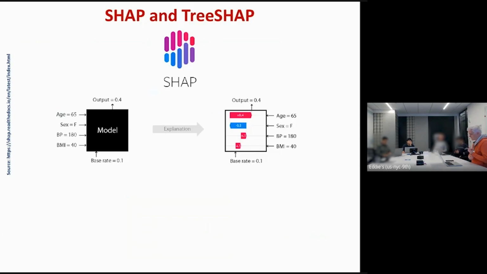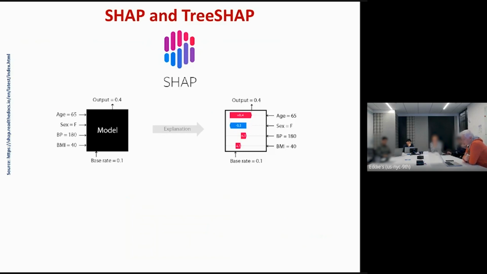What is the topic, or the problem we want to consider? Something which was developed some years ago and is being used in the context of explaining tree models, as well as other machine learning models, are Shapley values, or what are called SHAP or TreeSHAP.